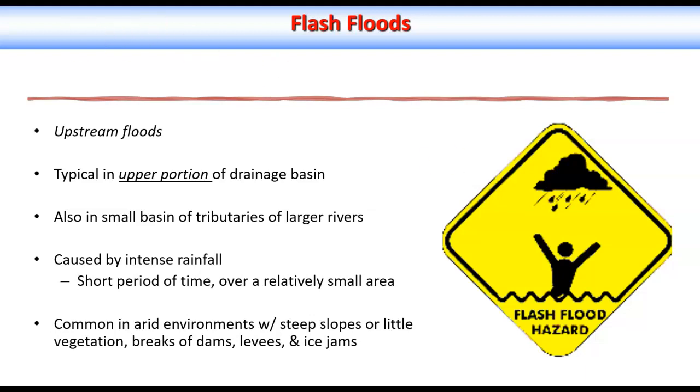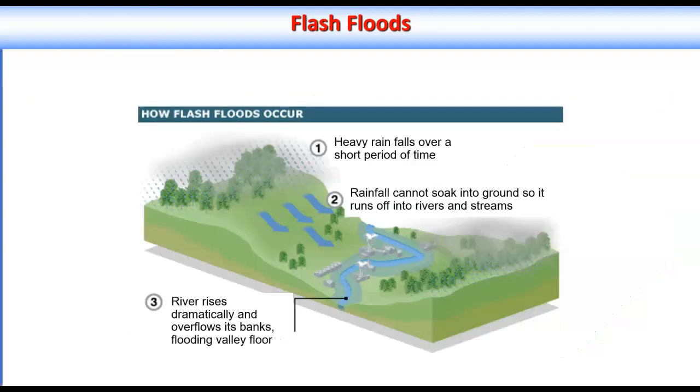If we look at how flash floods work: heavy rainfall, short period of time, all that water flows into my river system. It overtops its banks, or here in Arizona, we get dry riverbeds that automatically become wet, and they're pushing a lot of material through, and they can cause damage to structures like bridges. We get those here in Arizona for sure.